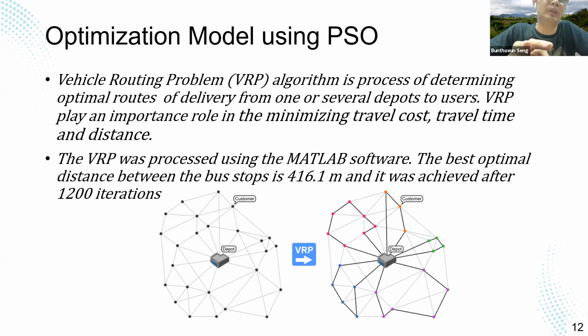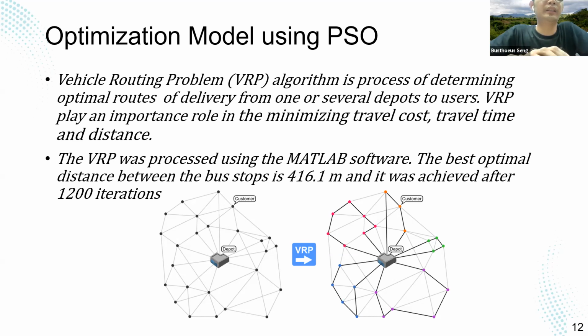Imagine without applying any algorithm, we cannot identify which one should be the start, which should go next, and which should be the final of that route. By applying this algorithm, we can easily define which stop to start with and what should go next, and at the same time return back to the depot.